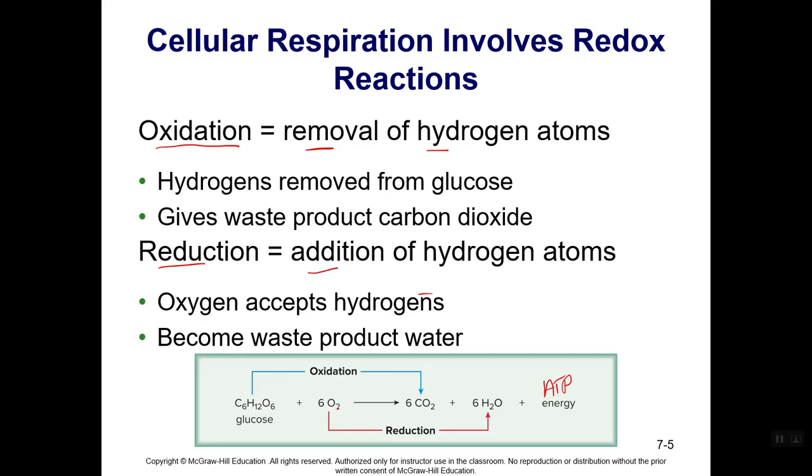So here you can see we have oxygen that's going to be converted into water. Here we see we have addition of hydrogen atoms. So in oxidation, we removed hydrogens from glucose, and then for oxygen, we added hydrogens to it. So this is a redox reaction. It has a reduction part and an oxidation part.